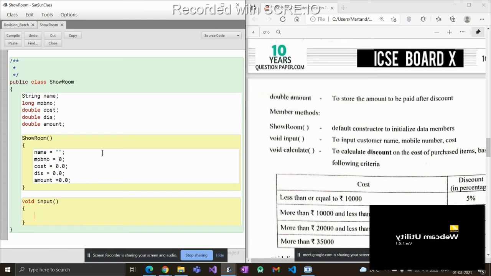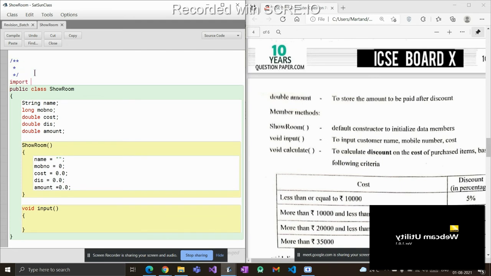Okay. If you want to declare the scanner class outside, you can do that. If you want to declare it inside, that is also okay. But they will check if you have written the import statement. So java.util.* should be mentioned over there. If you write this, you will get a mark for this. Okay, then what will they be checking in your input function? They will be checking whether you wrote your scanner class.